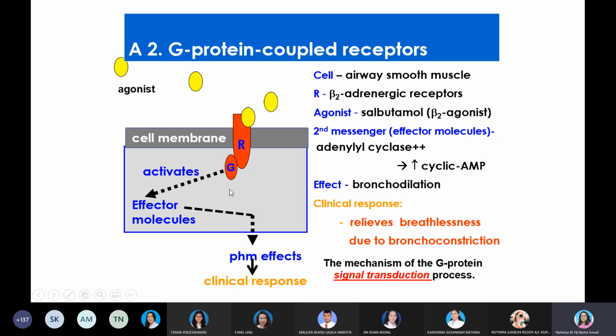Now, in asthma, the airway smooth muscle will constrict. They will contract and constrict, and the person cannot breathe.